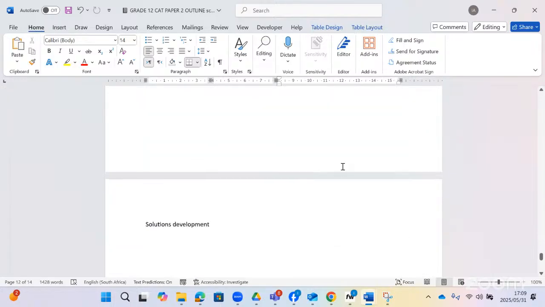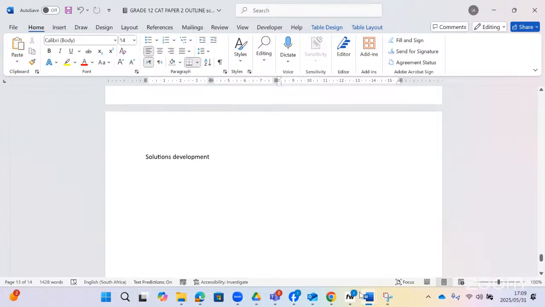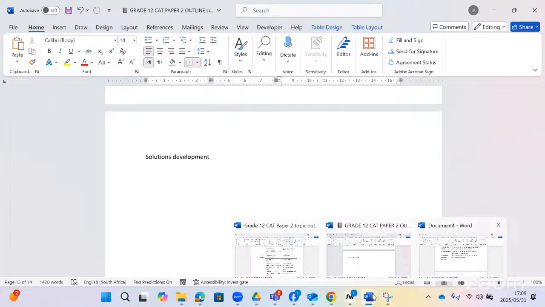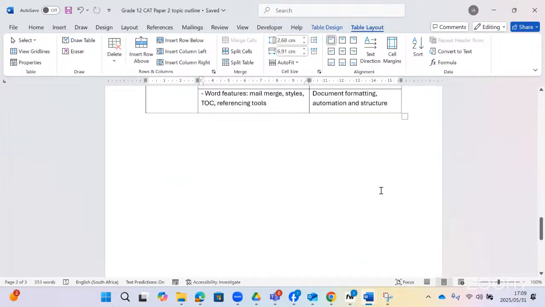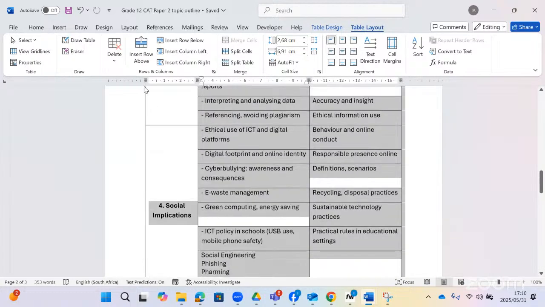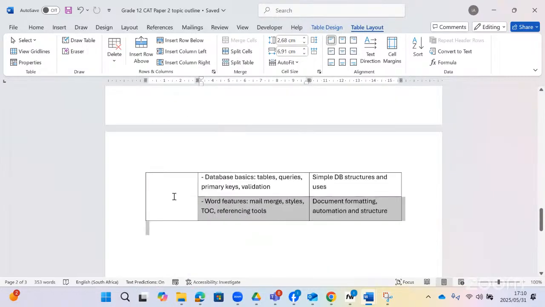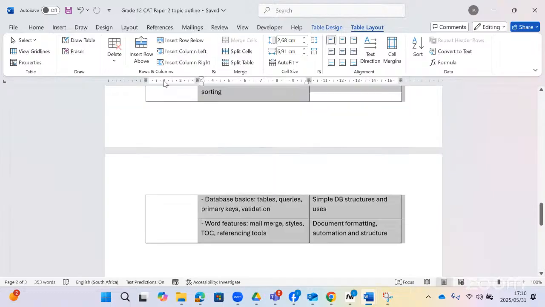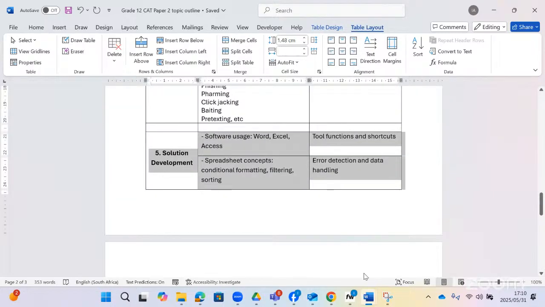And then there's solution development. Solution development is only going to be about practical questions. And then I got some information for you also. Those of you who like practicals, the questions are mostly from solution development, which involves spreadsheet, Microsoft Word, database, and HTML.